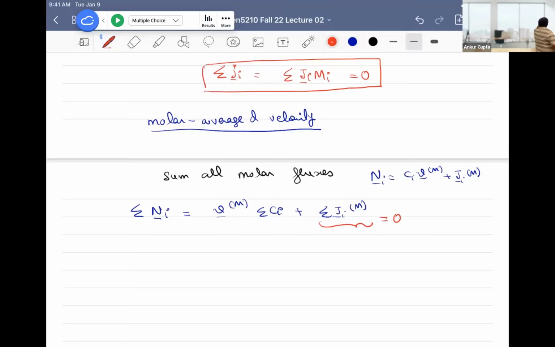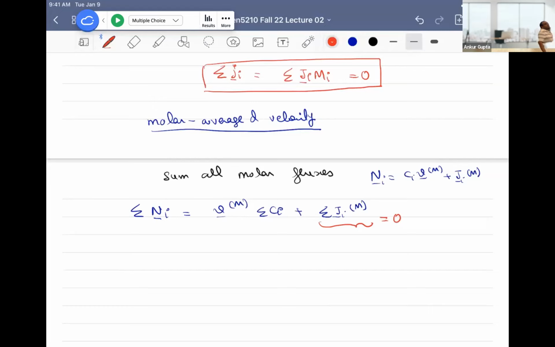Now I'm using my moles to define a mean velocity. And you might wonder how I can have two different mean velocities. It is because that is how I'm defining my choice. If this becomes a little confusing, in the supplementary video I go through an example of how you can have two different mean velocities and still have a consistent definition. So if you choose a molar basis to define the velocity, then your capital Ji M will be 0.